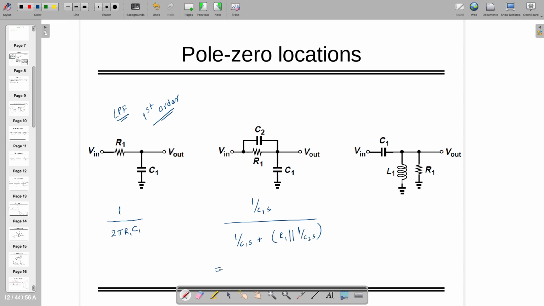How notch? High and low frequency will pass. Okay, so here this will block at DC. This will block, V out equal to V in at low frequency. At high frequency, what is going to happen?